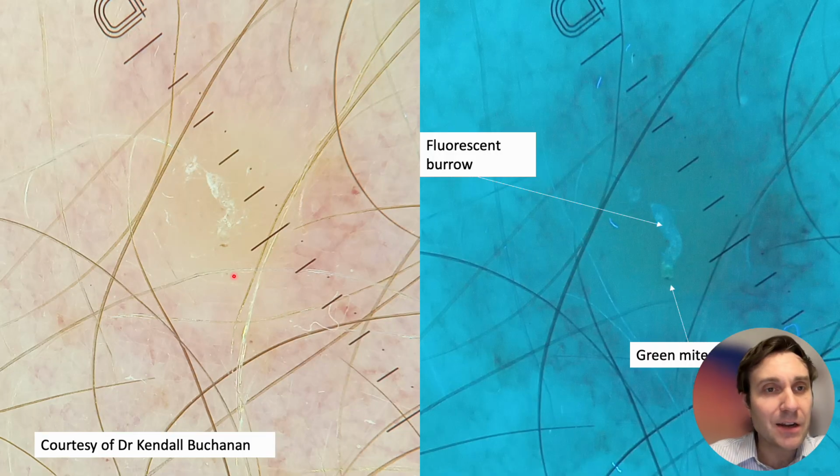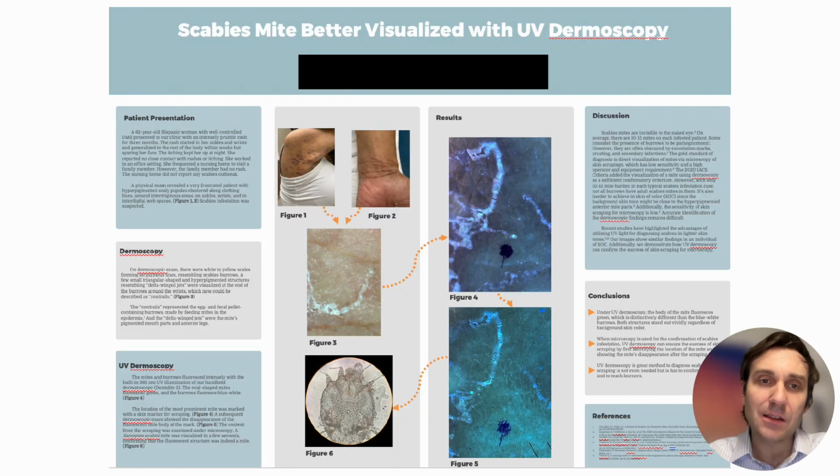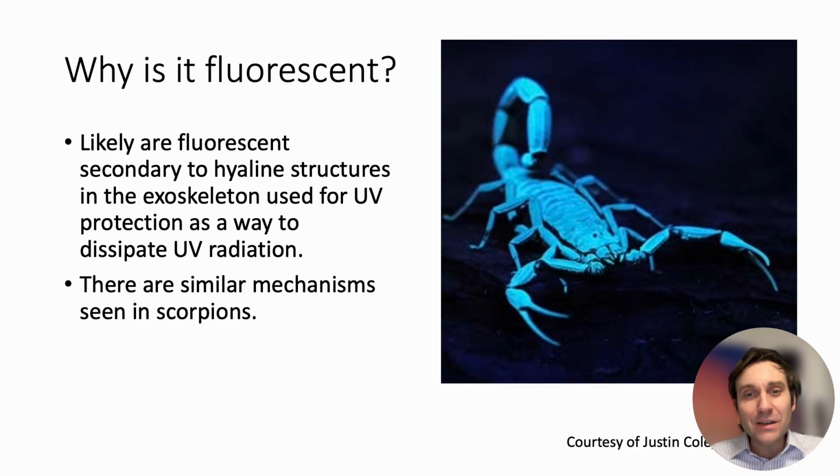Another example here, you have this lighter skin patient, delta sign, and you see this green mite here with UV dermoscopy and the fluorescent burrow. Again, you can keep reading about this, but it's very important. Why is it fluorescent, right? I was trying to understand this.